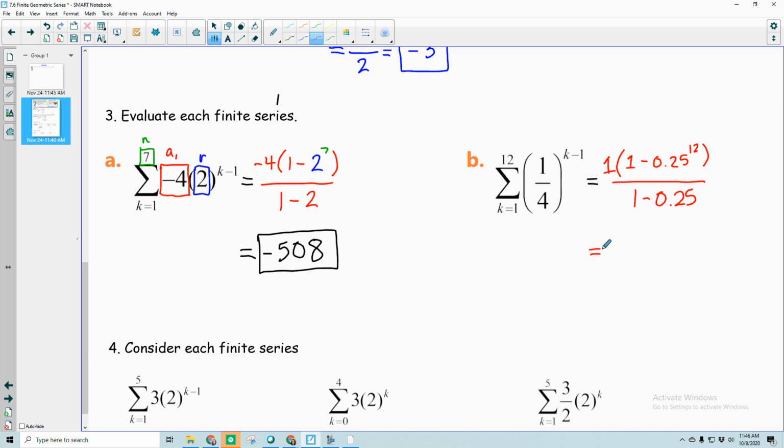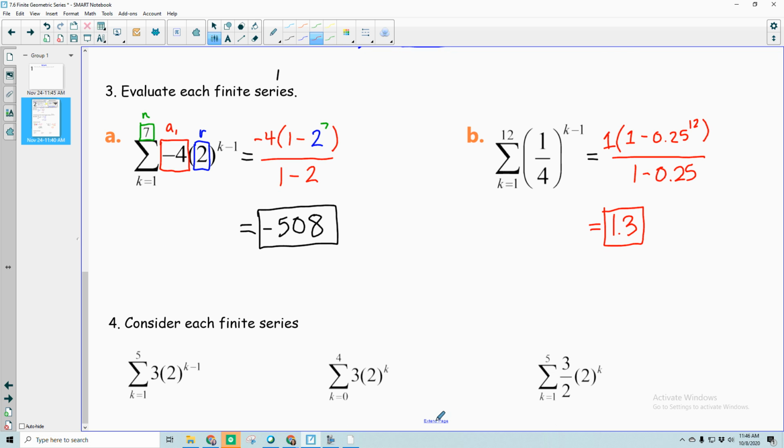Okay, so if we calculate that, I am getting a value of 1.333. It repeats for a while, and then I get 254 after that. So I'm just going to round this to the nearest tenth. So 1.3 rounded to the nearest tenth, that would be the total sum for that series.